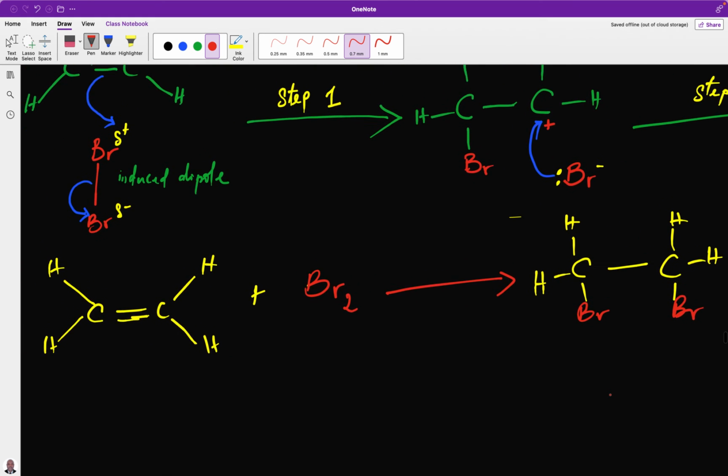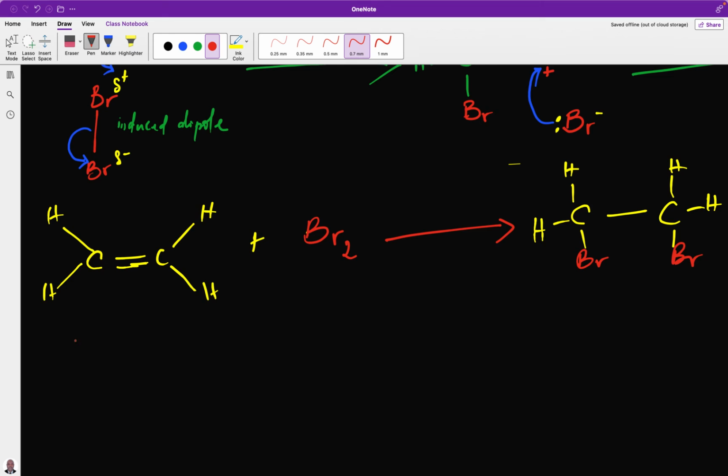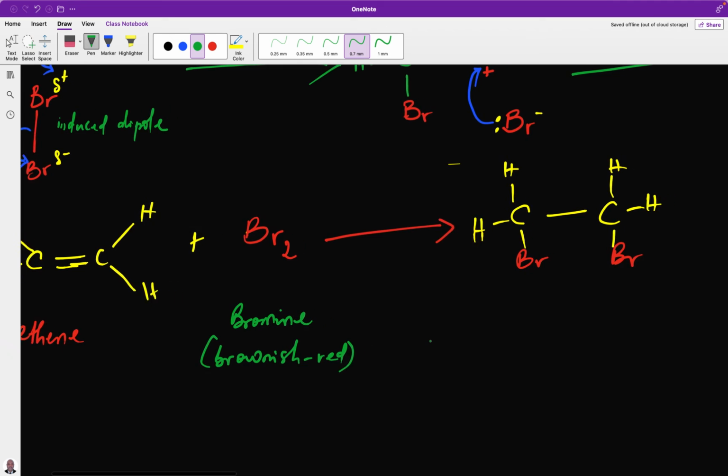And we can now say this is ethene. This is bromine, which has a brownish red color.